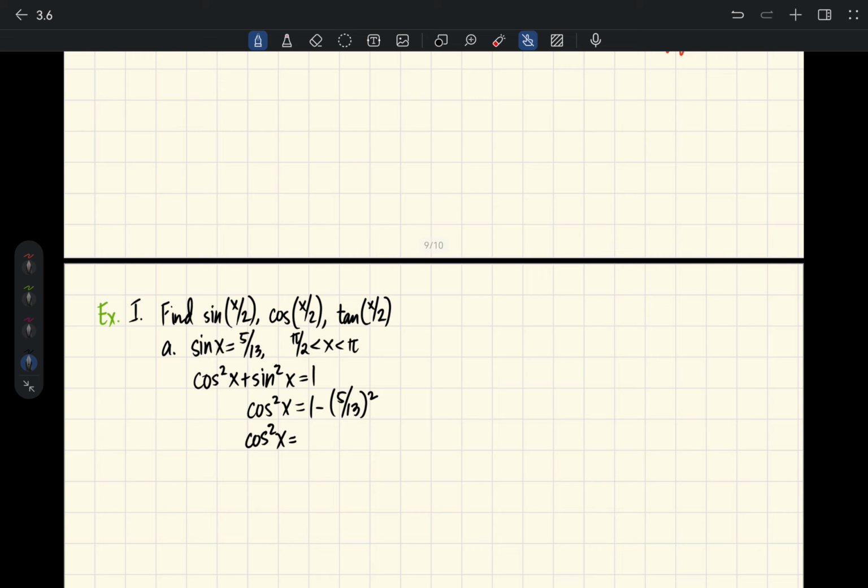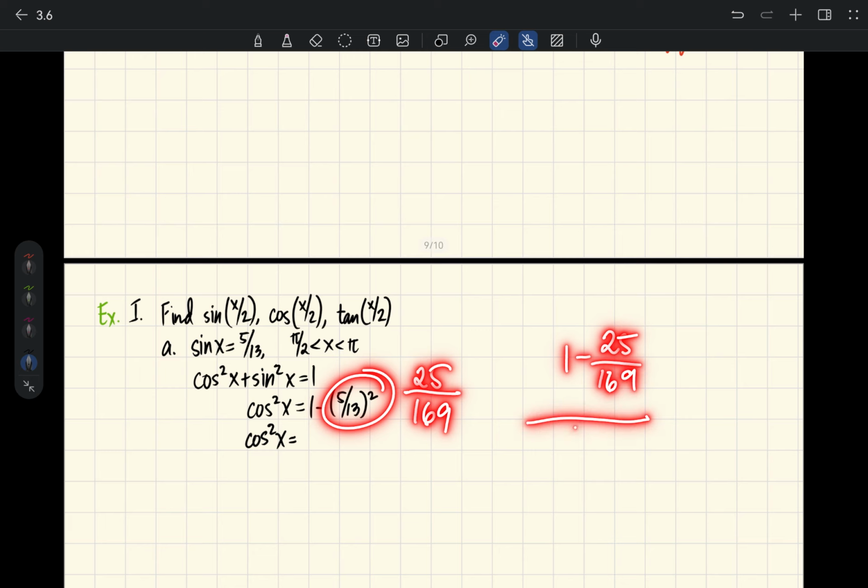Further simplifying, this will be 5 squared, so that's 25 over 13 squared, which is 169. So we have 1 minus 25 over 169. That's just 169 minus 25 all over 169. You have 144 over 169.